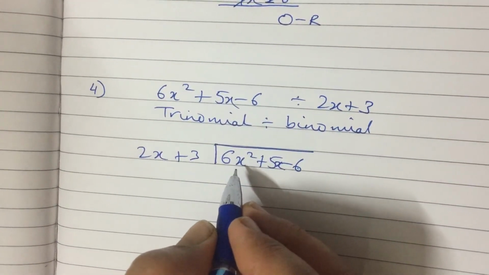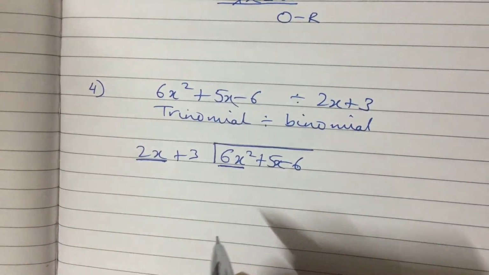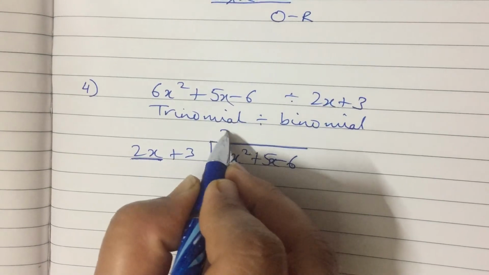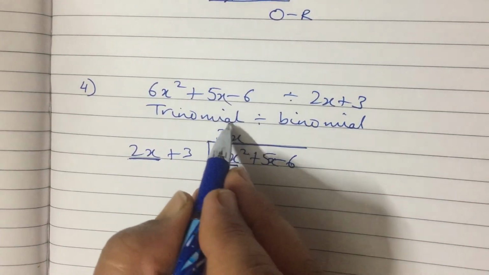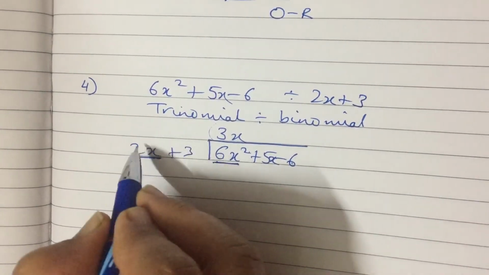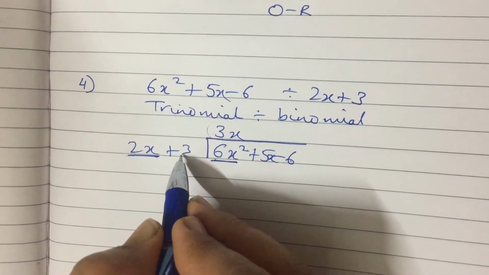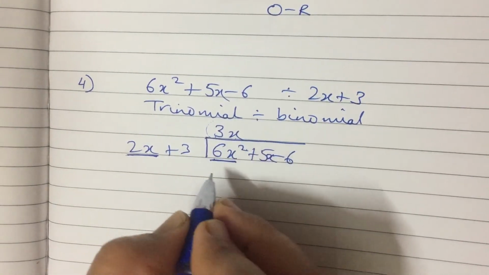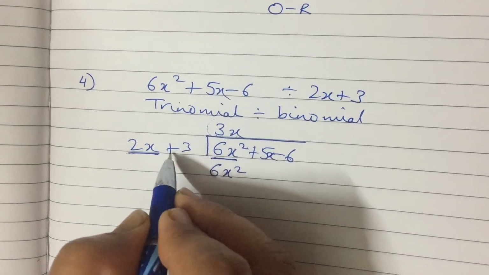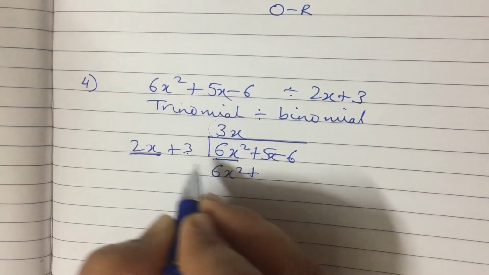So whether it is a binomial or a trinomial, the first term here has to be obtained from the first term here. 6x square divided by a 2x is a 3x. Again, this term is a monomial. It has to be multiplied with the binomial, so it has to be multiplied termwise with the terms of the binomial. 3x into 2x is a 6x square. 3x into 3 is a 9x, and you have to place like terms under each other.